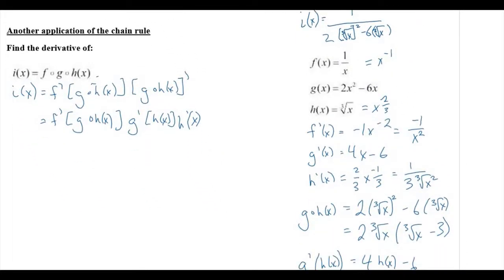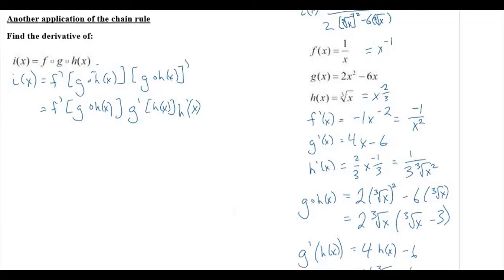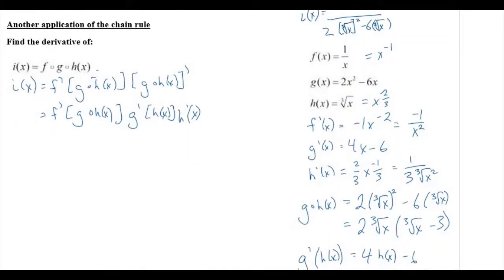Now, to help us out, I've done a bit of the legwork already. I've taken all of our functions, all the ones that we need here, and I've already differentiated them. F prime of x is going to become negative 1 over x squared, which we just do by converting it into a negative exponent and using our power rule. G prime of x is going to be 4x minus 6.